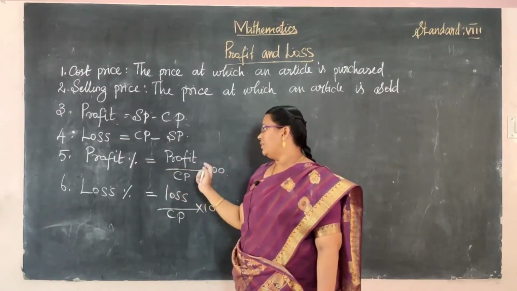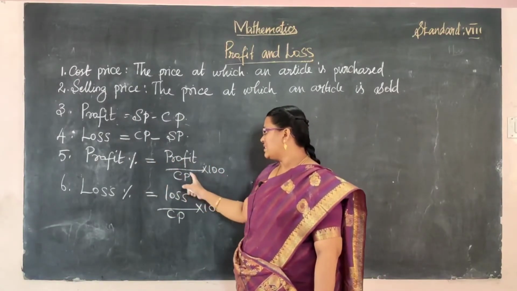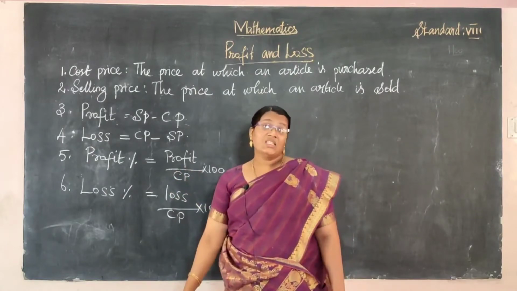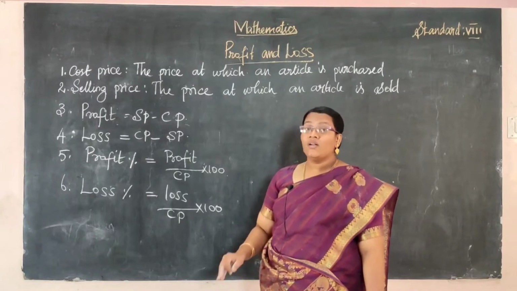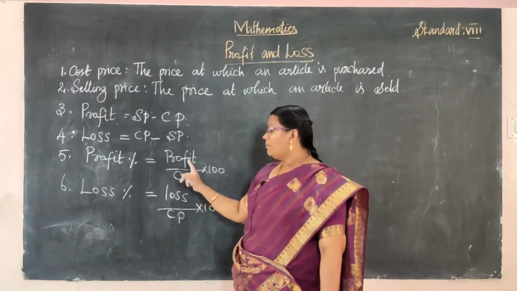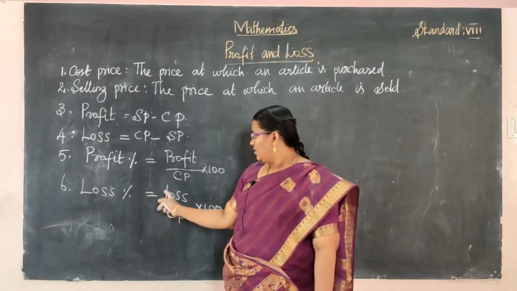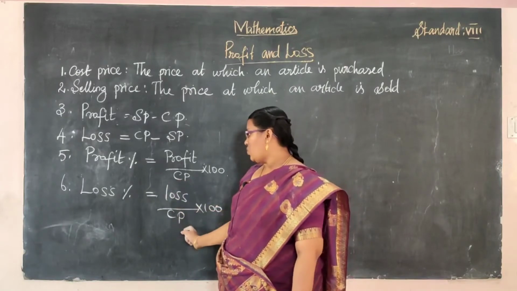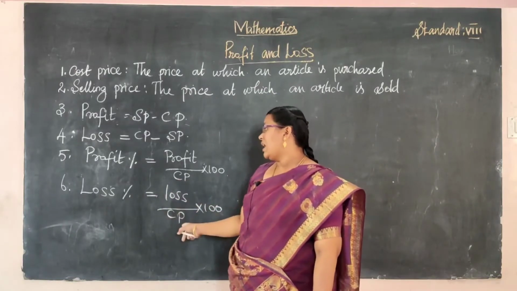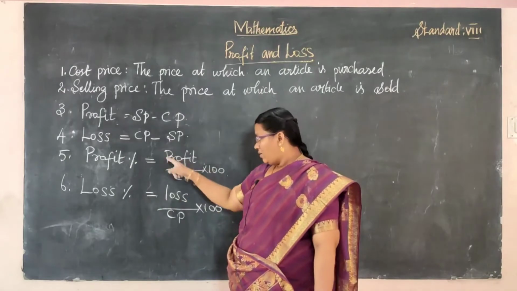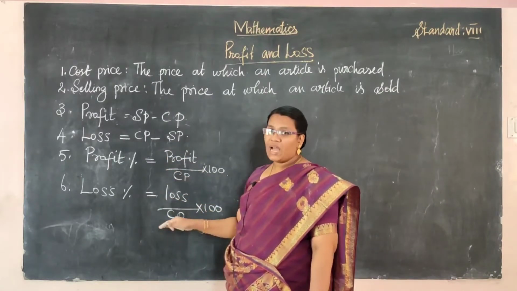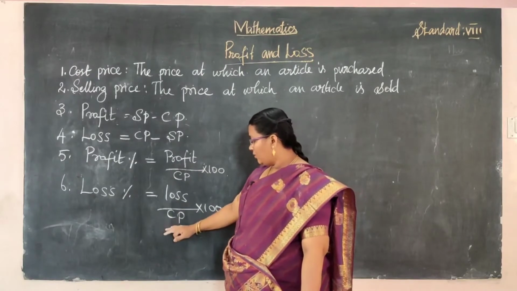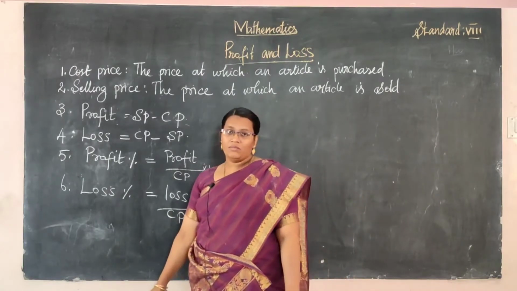Profit or loss percentage is always calculated on the cost price, divided by the cost price only. The profit or loss percentage we find out based on the cost price only.